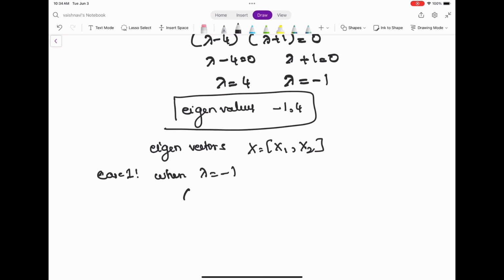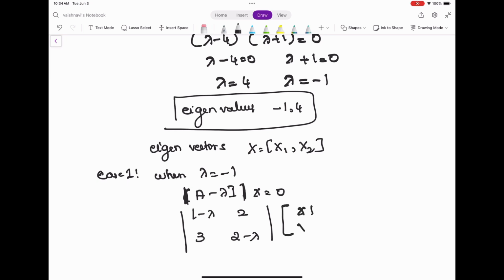The formula for it is A minus lambda I into x is equal to 0. So A minus lambda I, we already have this: 1 minus lambda, 2, 3, 2 minus lambda. What is x? It is x1, x2, equal to 0, 0.